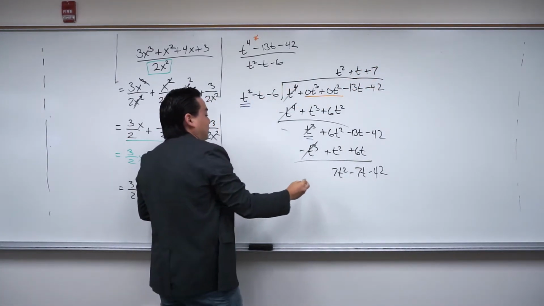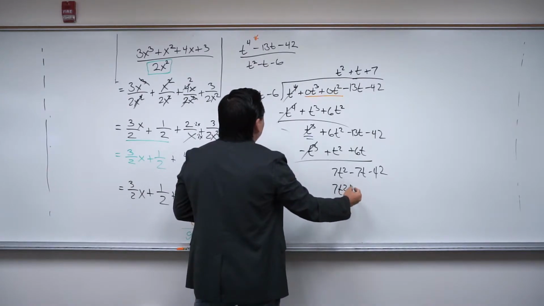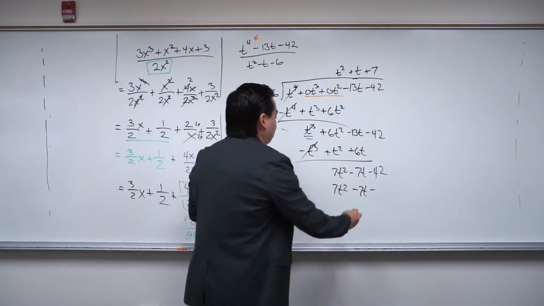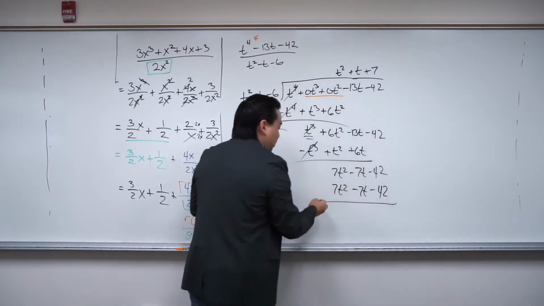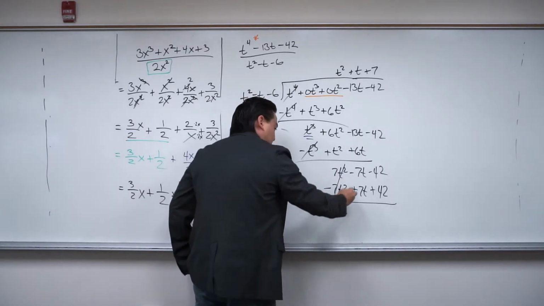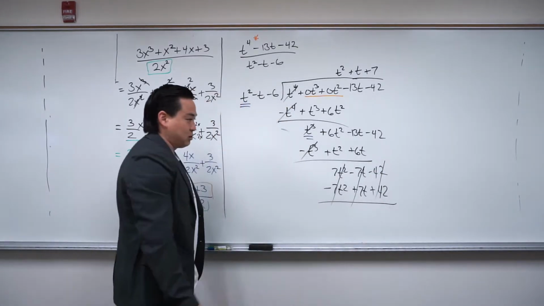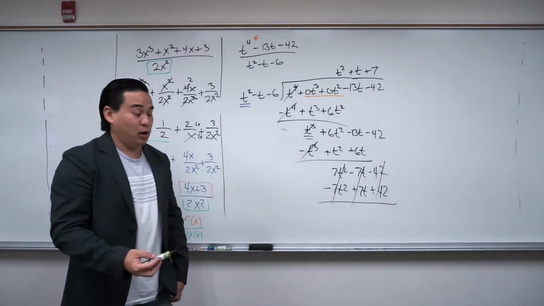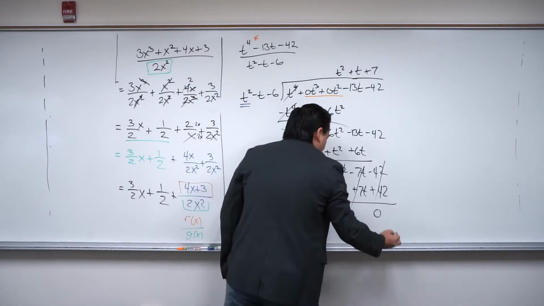So do the multiplication. 7t squared minus 7t minus 42. Change the signs and then add straight down. So this, and that, they all cancel. So when we finish our problem, this gives you 0.